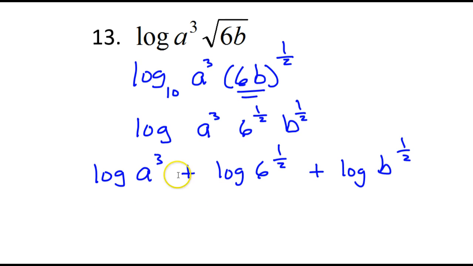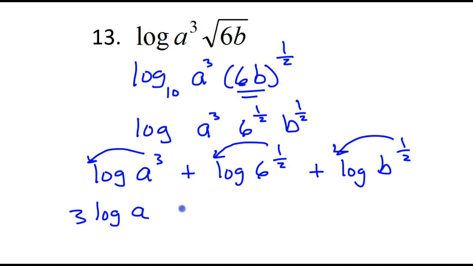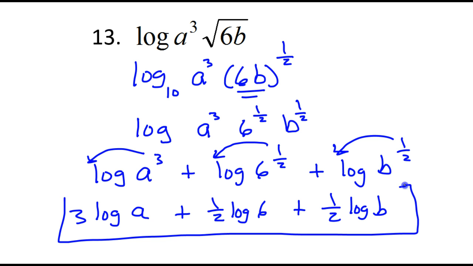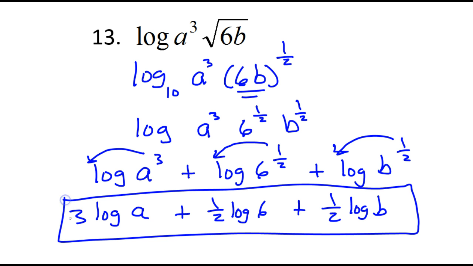So the final answer will be, all right, that 3 is going to go to the front, the 1/2 is going to go to the front, and this 1/2 is going to go to the front. So that'll give us 3 log a plus 1/2 log 6 plus 1/2 log b. And that's your final answer for number 13.